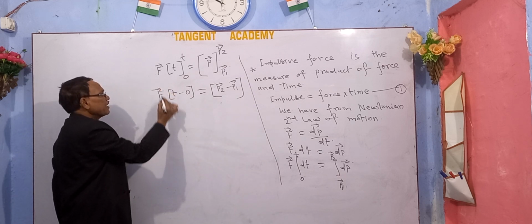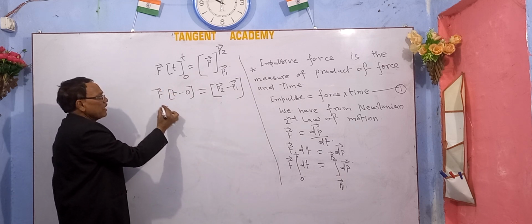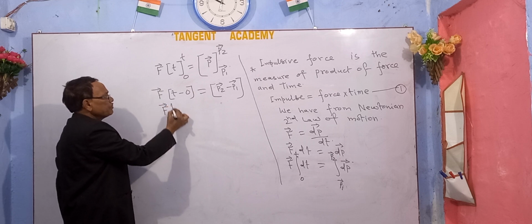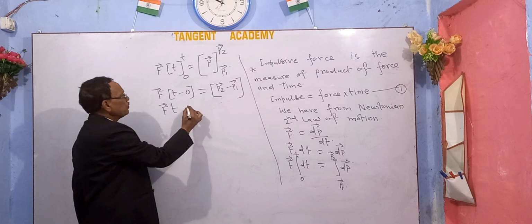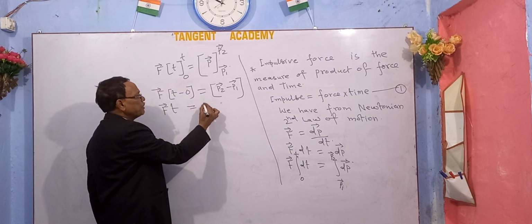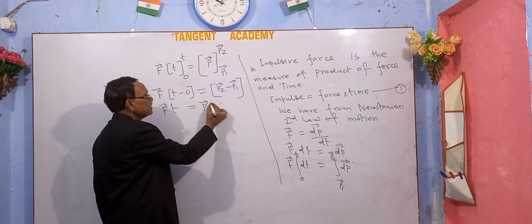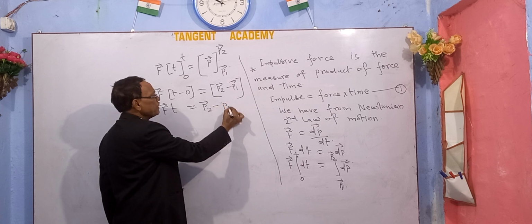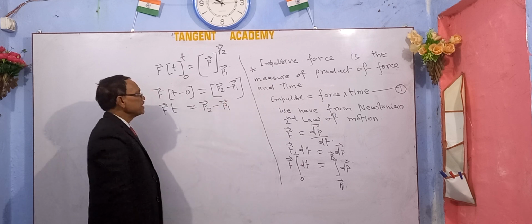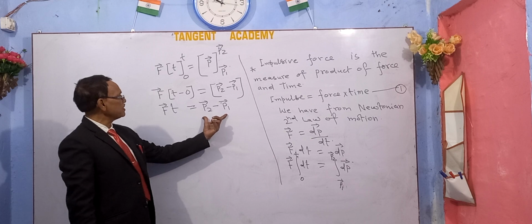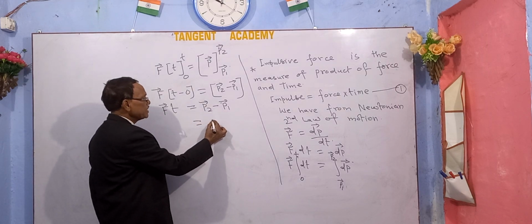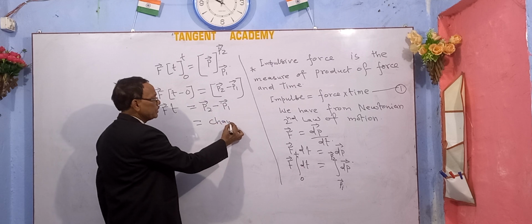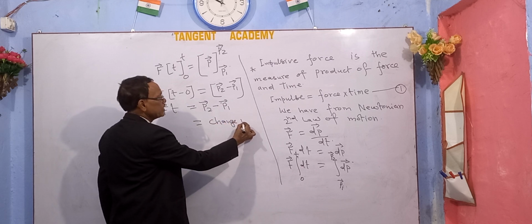So we can see here force into time is equal to p2 minus p1, and as I have discussed in earlier classes, p2 minus p1 is change in momentum.